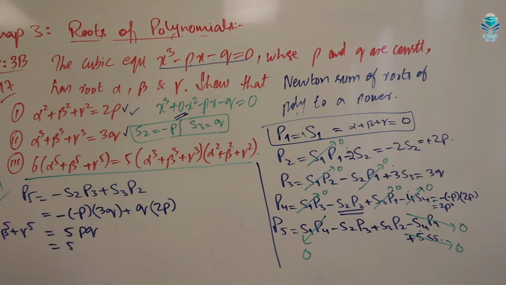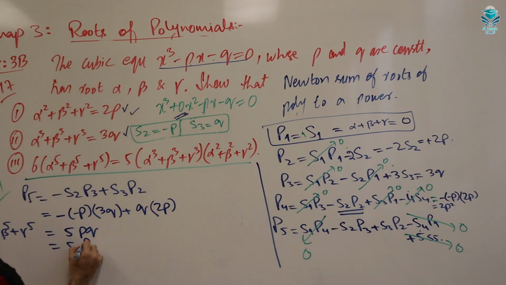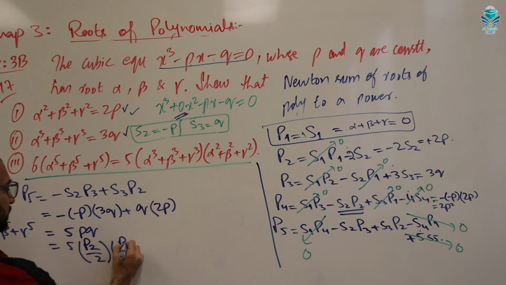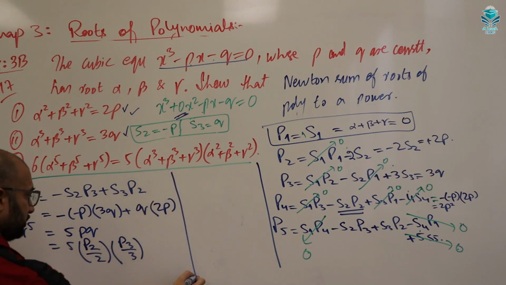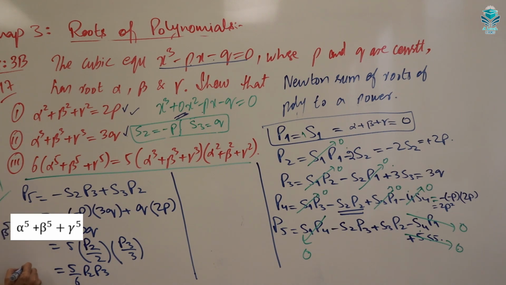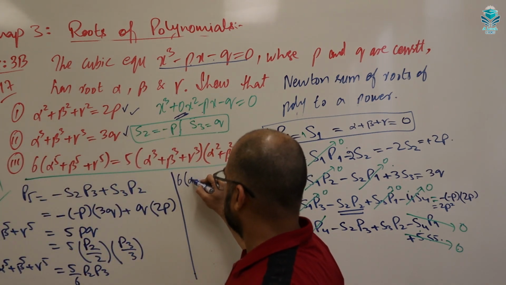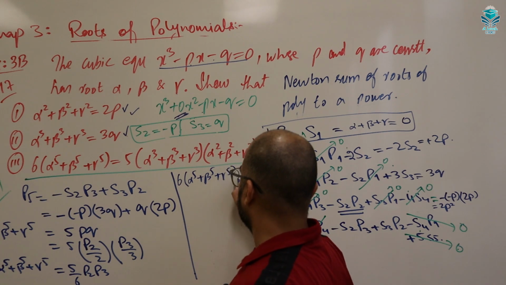What is p? p can be written as P2 by 2. Q can be written as P3 by 3. So you have 5 by 6 times P2 P3, and this is, in short, if you write it. So students, rewrite this equation, you will get 6 times P5 equals 5 times P2 times P3.